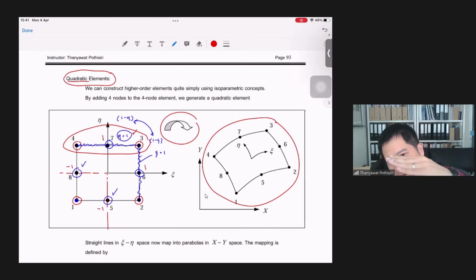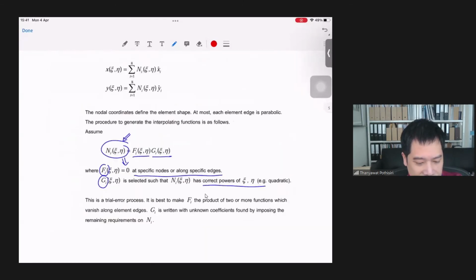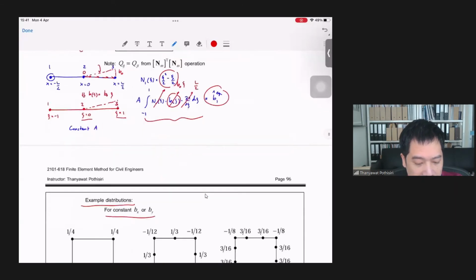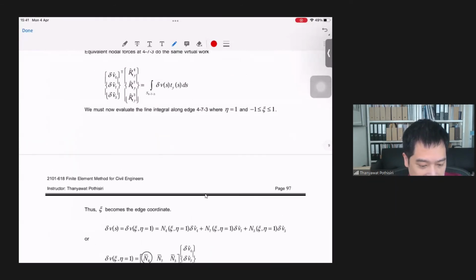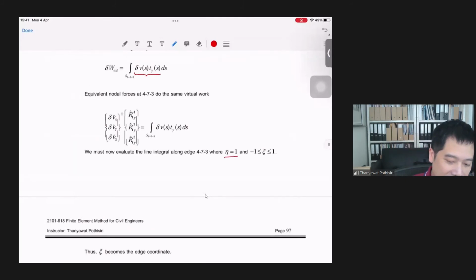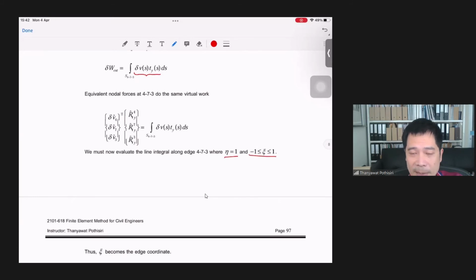So you can think of it as only varying in the xi direction, with a constant eta. So in parametric coordinates, eta is equal to 1, and xi is varying from -1 to 1.